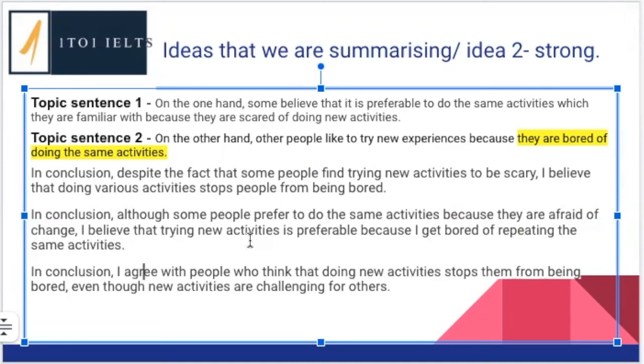Use language that you're 100% sure of. As I said, to get up to band 7, you really use pretty simple language. Your grammar has to use complex sentences, but complex sentences aren't always particularly complex. For example, this first sentence here is a complex sentence, but it's not particularly complex language.